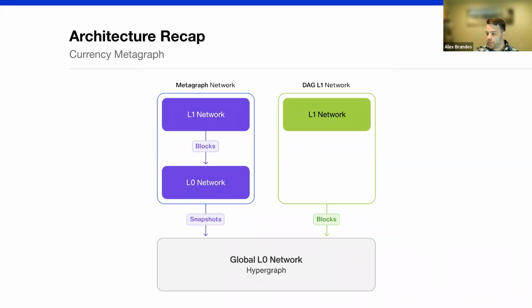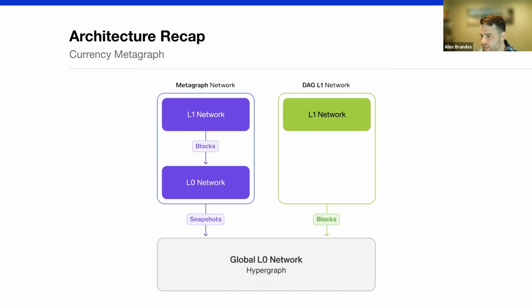It's going to validate transactions that are sent to it, bundle those into blocks to undergo consensus, and then send those blocks to the Metagraph L0 network. That network is going to run additional validation and bundle those blocks into Metagraph snapshots, which are then submitted to the global L0 to be included in a global snapshot.